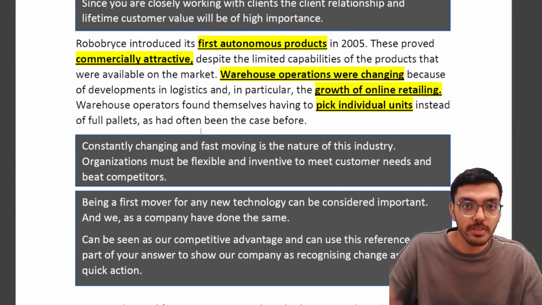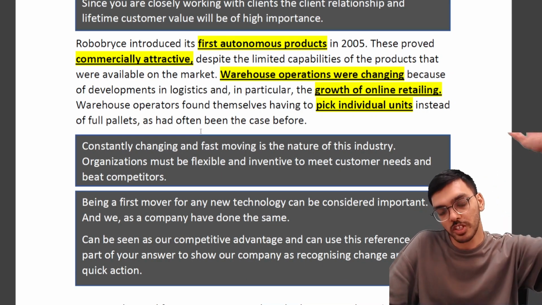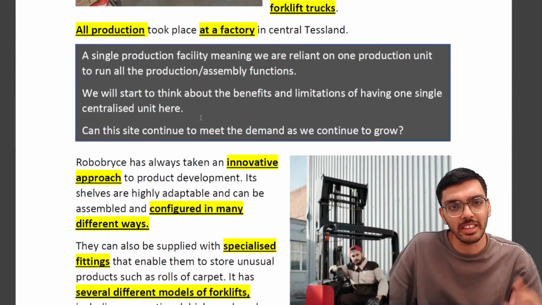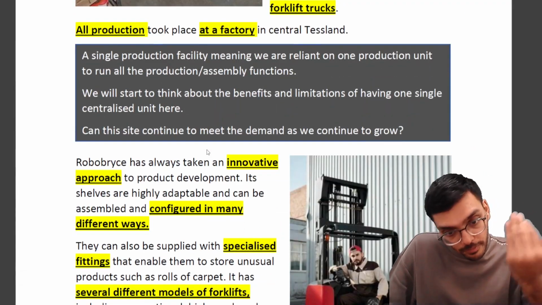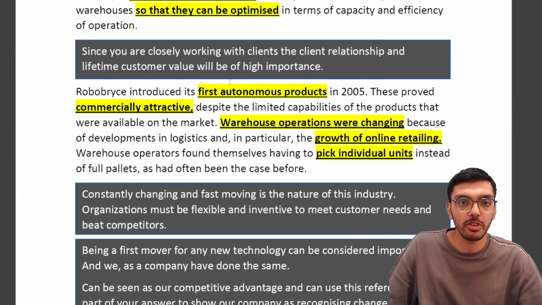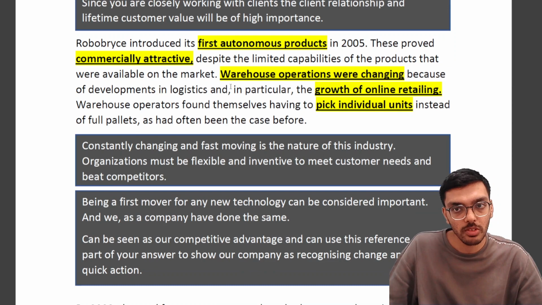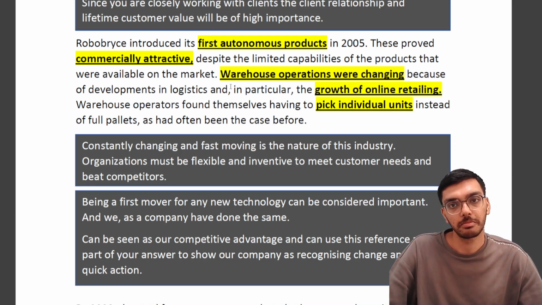Robobryce introduced its first autonomous products in 2005. So since we got listed in, I think, 1970s, 1971, the first innovative new change was brought in 2005, which is first autonomous products. These proved commercially attractive despite the limited capabilities of the products that were available on the market.